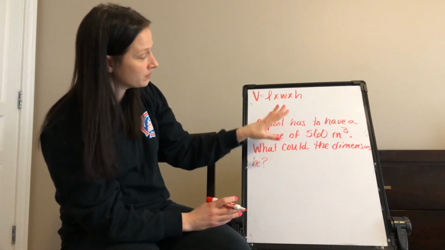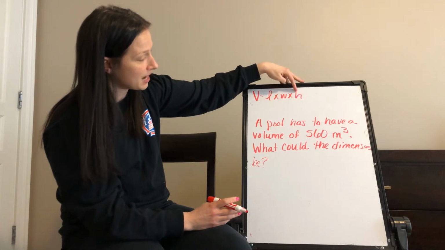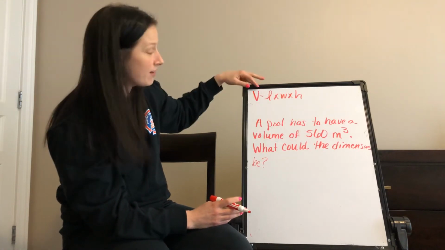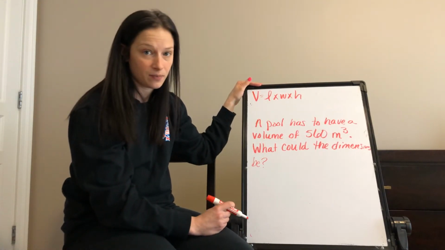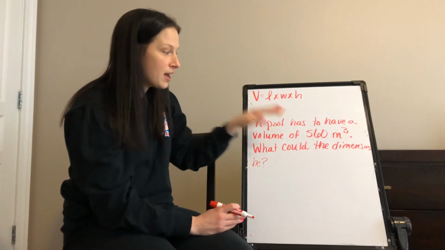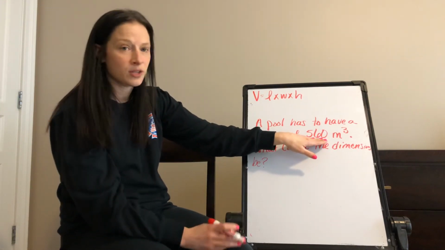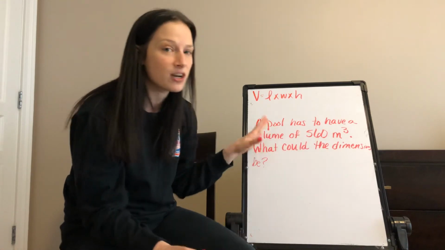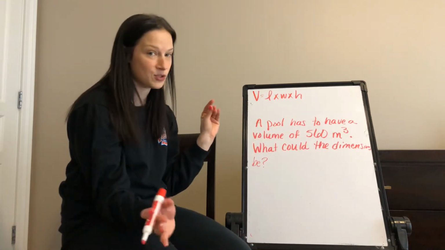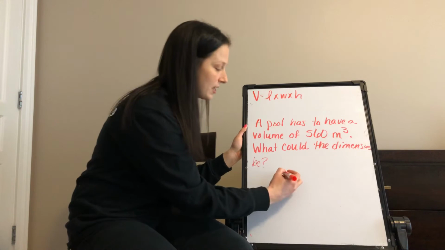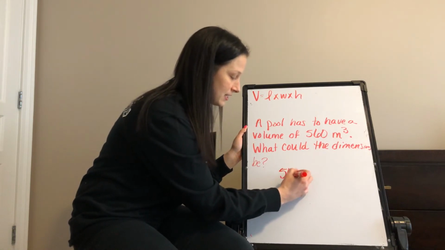So we know that the length times width times height has to make 560 meters cubed. Okay? So one thing I want to think about is I know that this is a multiple of 10, so any of our dimensions can be 10. So let's think about it that way. So I'm going to say 560.